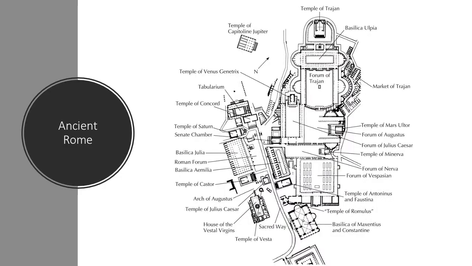So you won't be asked to identify a map like this, but I just want you to see the detail and the monumental nature of Rome during Constantine's era. You've now learned how to read plans, so you can see that some of these buildings are fashioned after Greek temples.